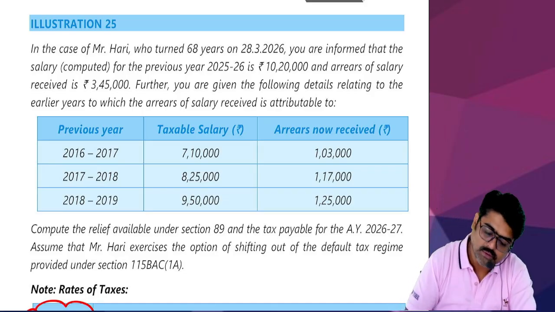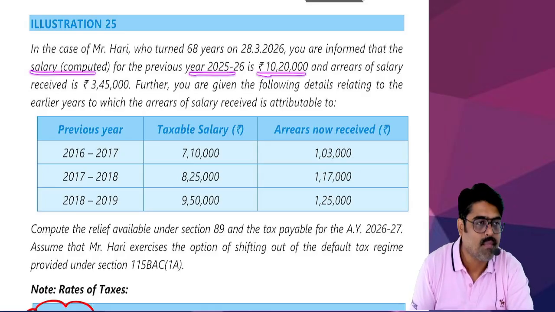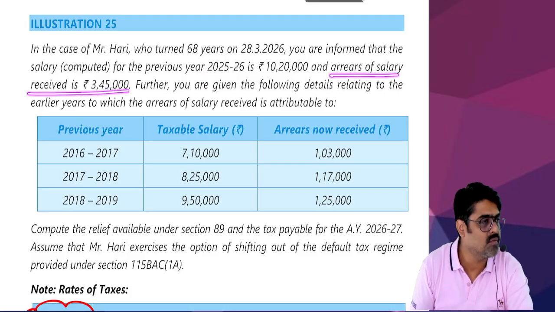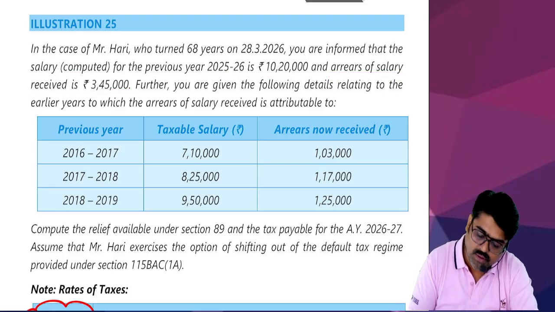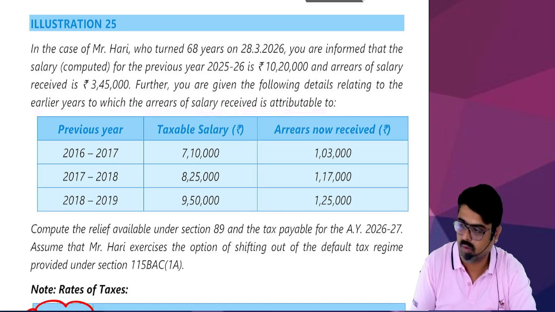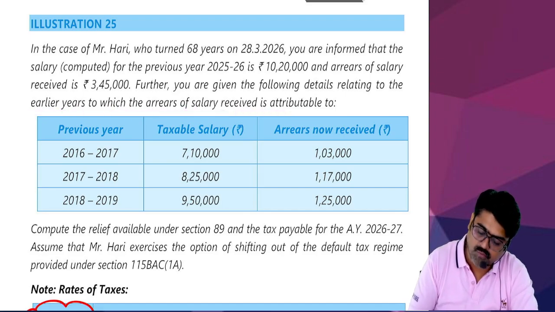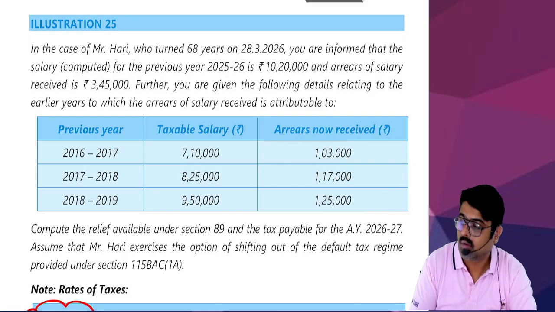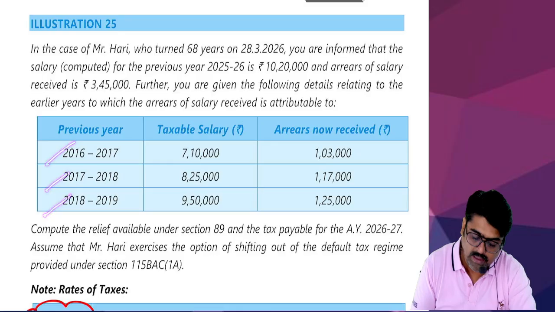Okay now, you are informed that salary computed for the previous year 25-26 is 10,20,000 and arrears of salary received is 3,45,000. Further, you are given the following details relating to the earlier years to which the arrears are attributable, meaning 2016-17, 17-18 and 18-19.